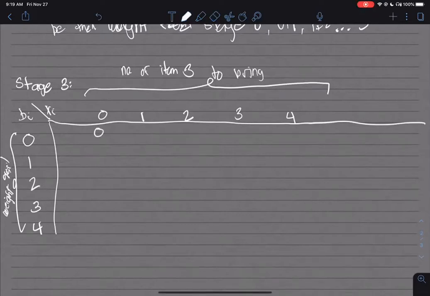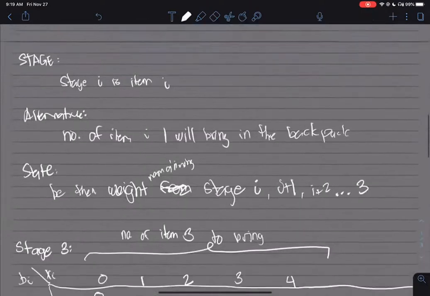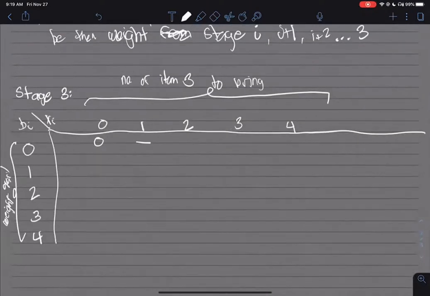Aaron, if I have 0 weight available for item 3, can I bring one piece of item 3? No. Therefore, this is an infeasible alternative. Everyone understand? Because I have 0 weight left and item 3 requires 1 unit of weight, I am not able to bring 1 unit of item 3.